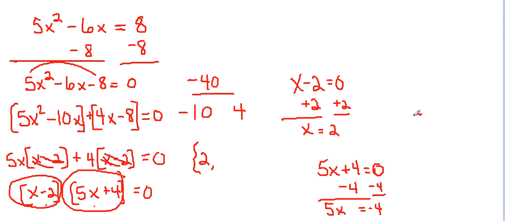Oh, I should have given myself a little bit more room. 5x equals negative 4. That's where I'm at so far. Then I'm going to divide both sides by 5. So x equals negative 4 over 5 is my other solution. So go over here as negative 4 over 5.